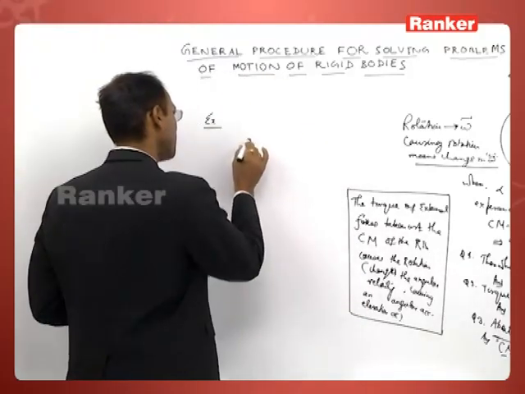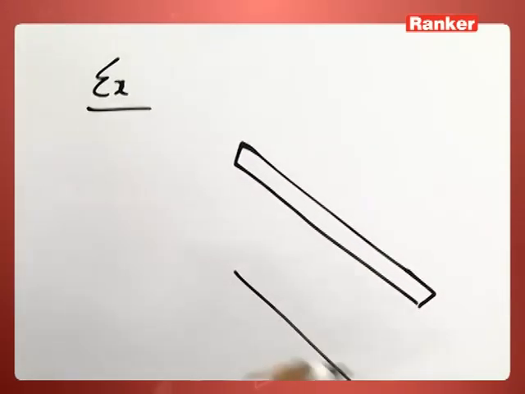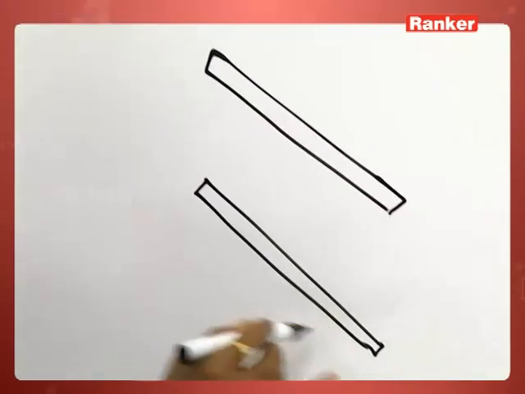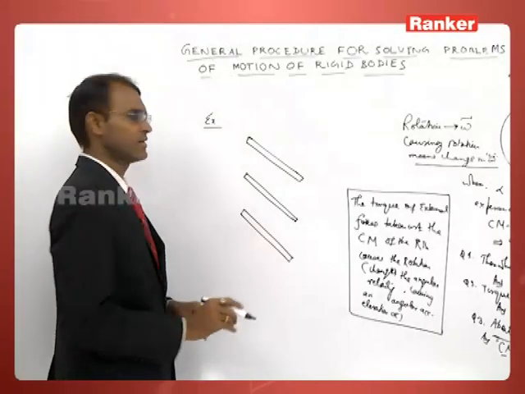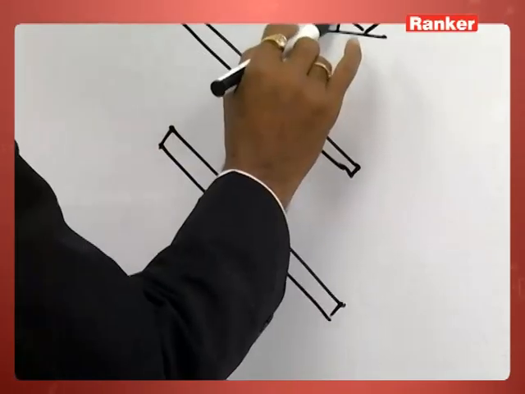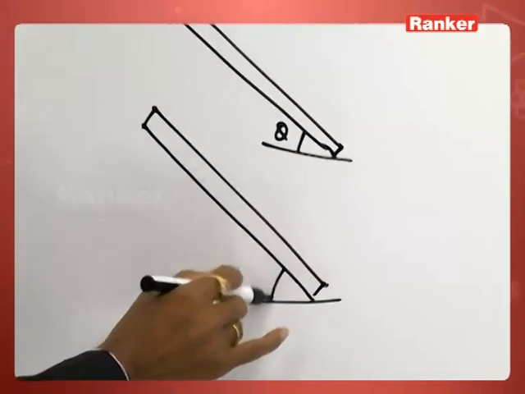When it falls under gravity, its angle of orientation is not changing. Therefore, this theta is a constant quantity.